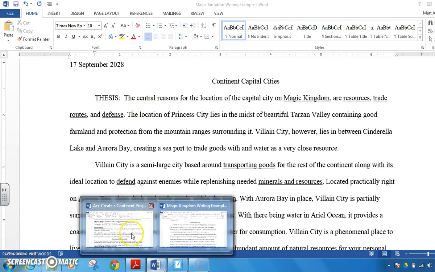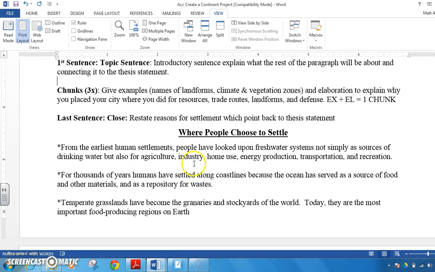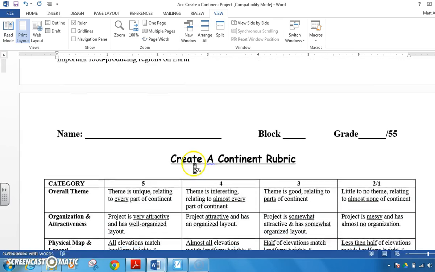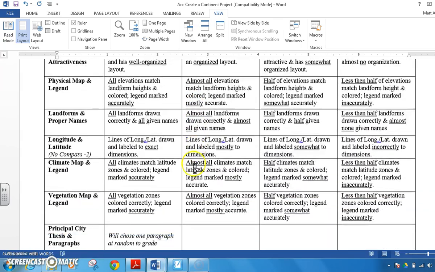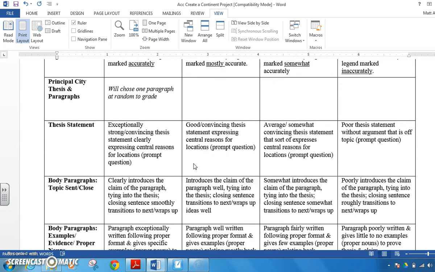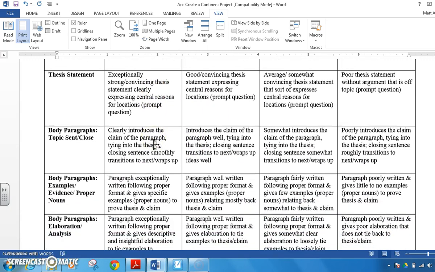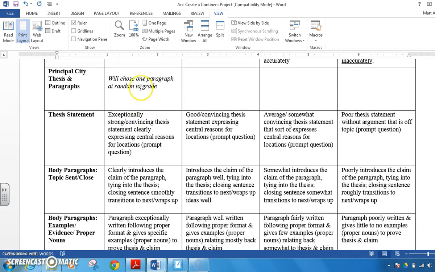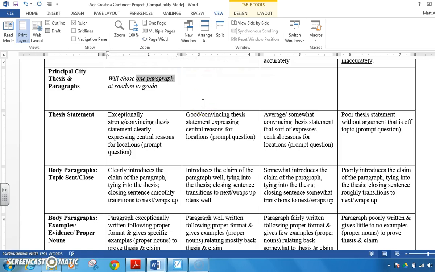As you roll through this, I'm going to ask you to also take a look all the way down your rubric, seeing how it's scored, and you can see that the paragraphs here are going to be scored in a certain way. I'm only going to read one paragraph to you to grade for this project.